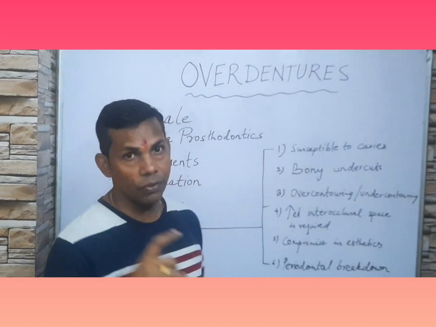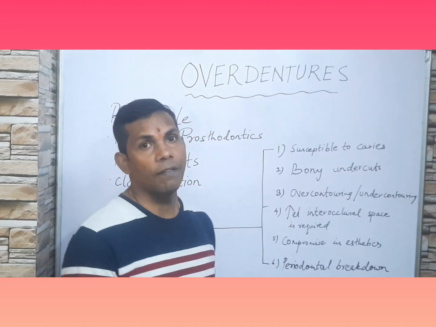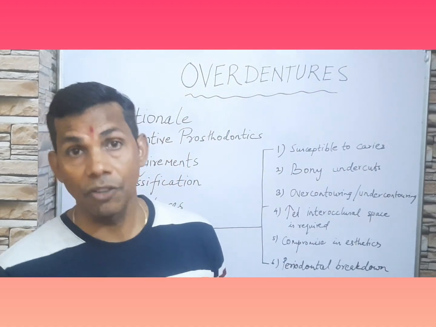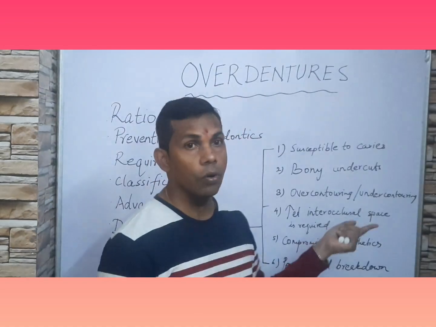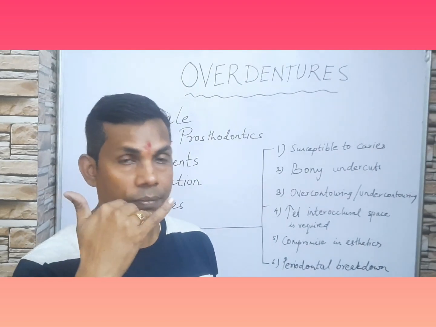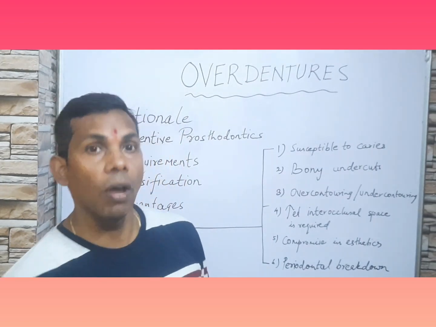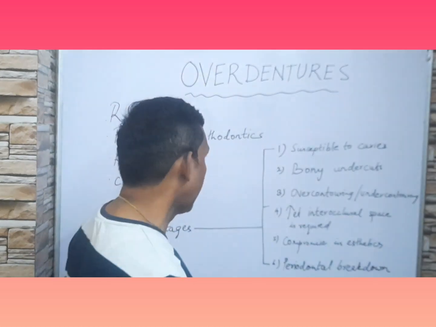So definitely you have to keep this in mind. And because of these undercuts, the denture which you are fabricating over the natural teeth or roots can be either over contoured or under contoured. So if the denture is over contoured or under contoured, it may compromise the aesthetic aspect.